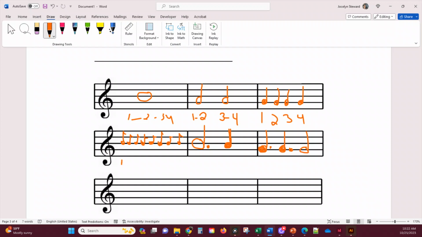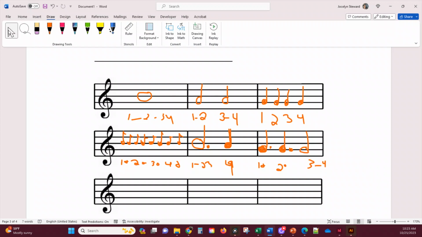And we call this 1 and 2 and 3, and you can have a 4 and at the end. That's fine. And this is 1, 2, 3, and this is 4. And this is 1 and 2 and 3, 4.